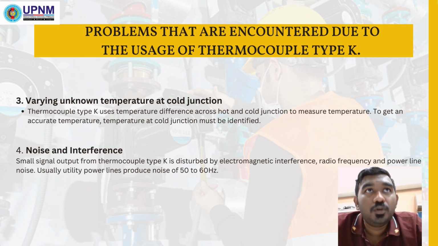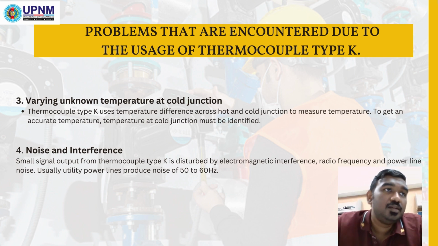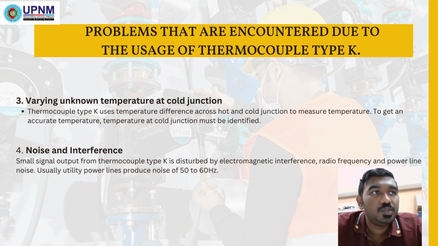Now I'm going to talk about problems that are encountered due to the usage of thermocouple type K. The first is varying unknown temperature at the cold junction. Thermocouple type K uses the temperature difference across the hot and cold junctions to measure temperature. To solve this, compensation techniques are employed to account for this fluctuation.